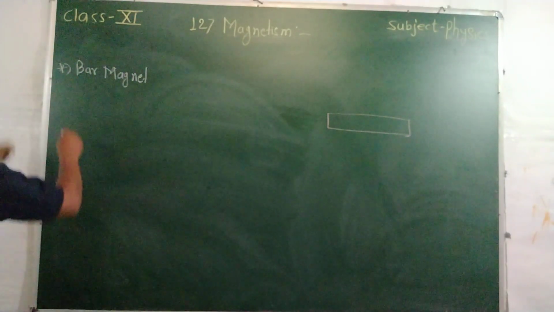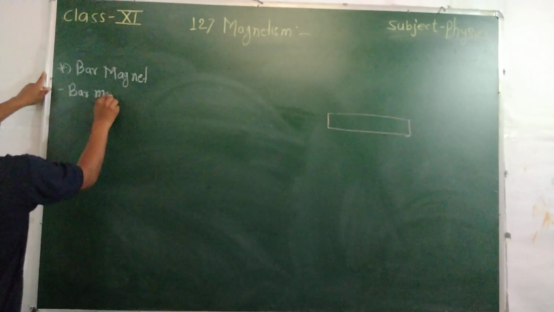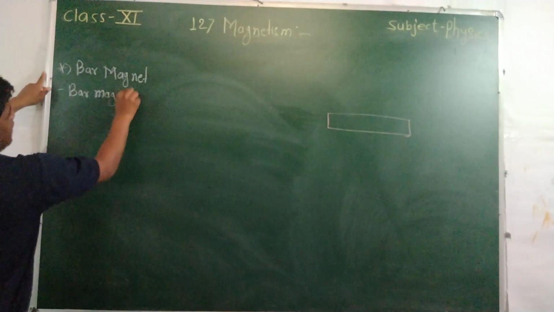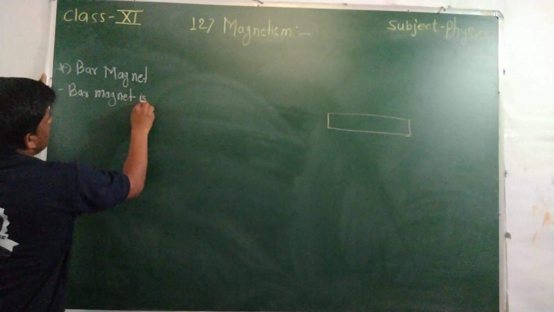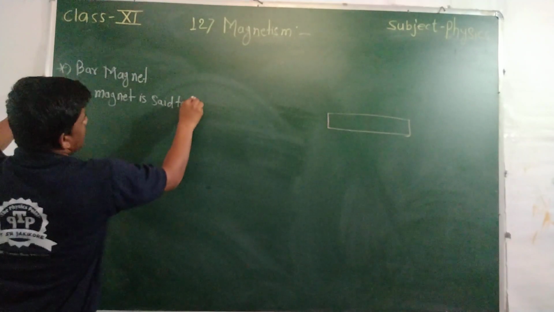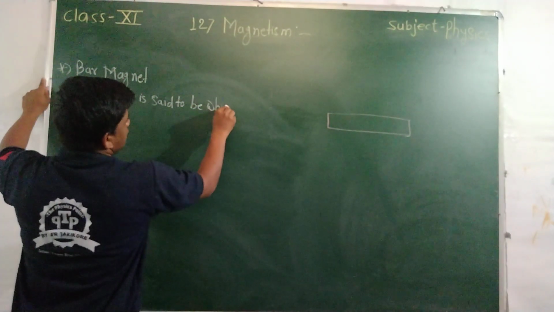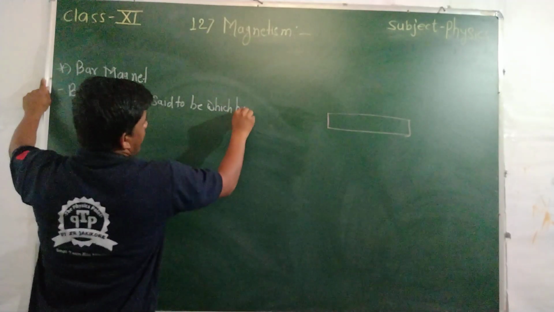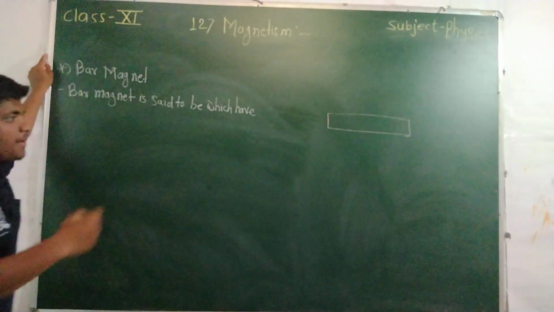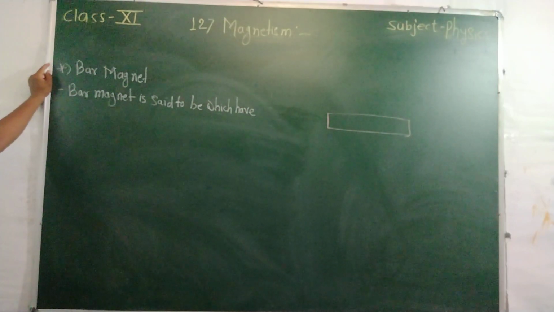A bar magnet is said to have some magnetic strength, which is the magnetic pole strength.